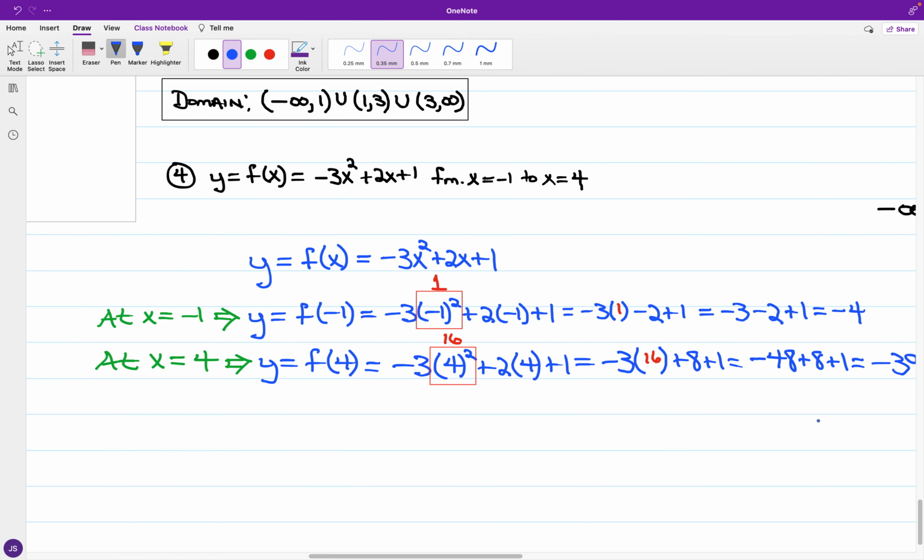So for the average rate of change from x equals negative 1 to x is equal to 4, we're going from negative 1, negative 4.